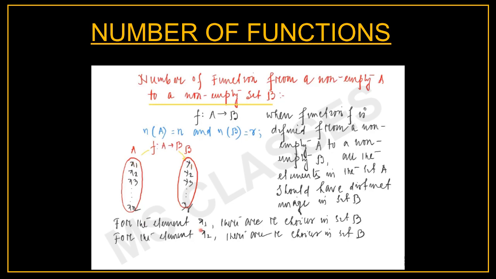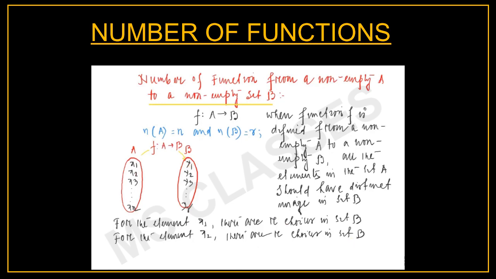Now, here x1 has R choices, that is, it can be mapped to anyone you like. x2 also has R choices. Why? Suppose x1 is mapped to y1. Now x2 can also be mapped to y1. Two students can have the same birthday, so x2 can also be mapped to the same element, no issues. So here also we have R choices.